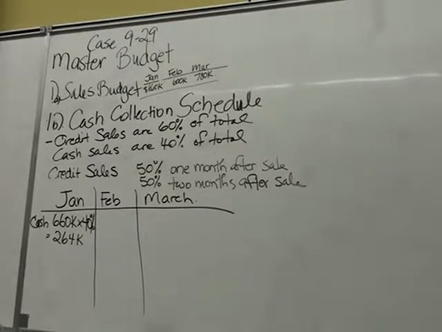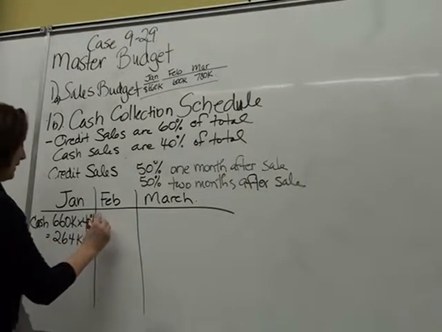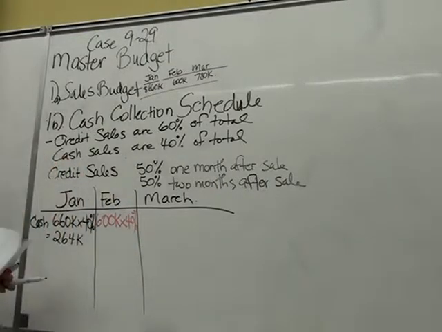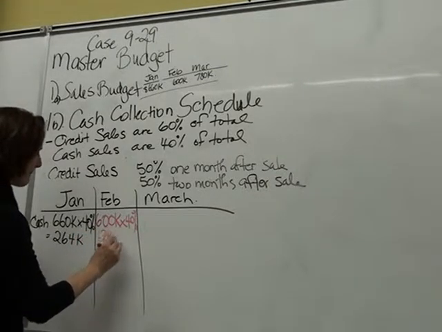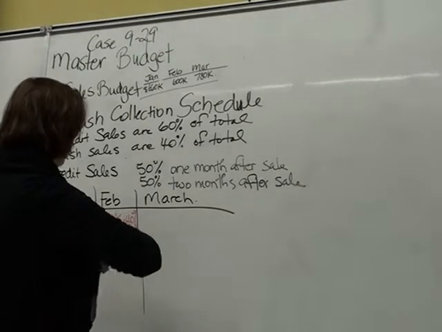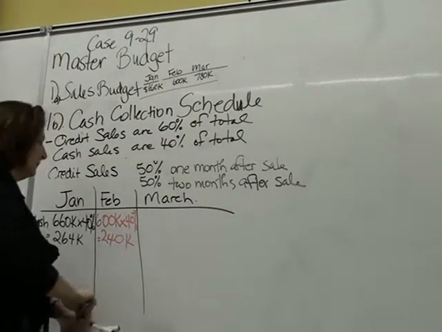What is the cash that we're going to collect in February? 600 times 40%. Very good. And I did that last night, 240. And what about March? 780 times 40%.